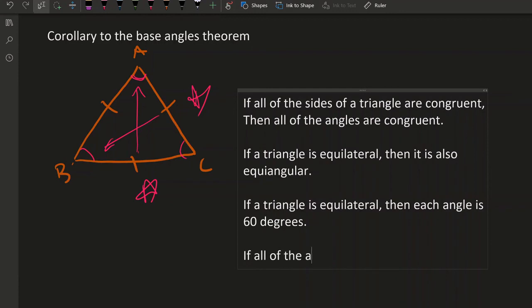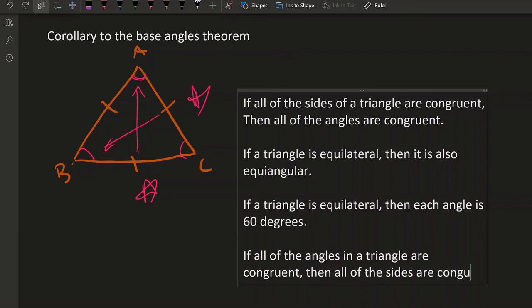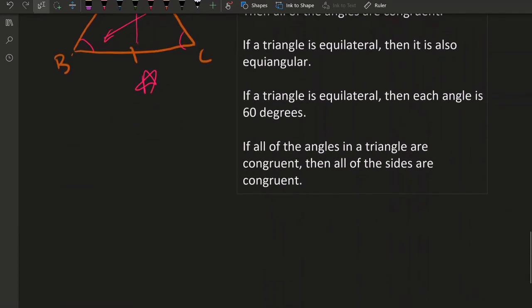If all of the angles in a triangle are congruent, then all of the sides are congruent. Okay, like I said, there's a lot of explanation for a very simple idea.